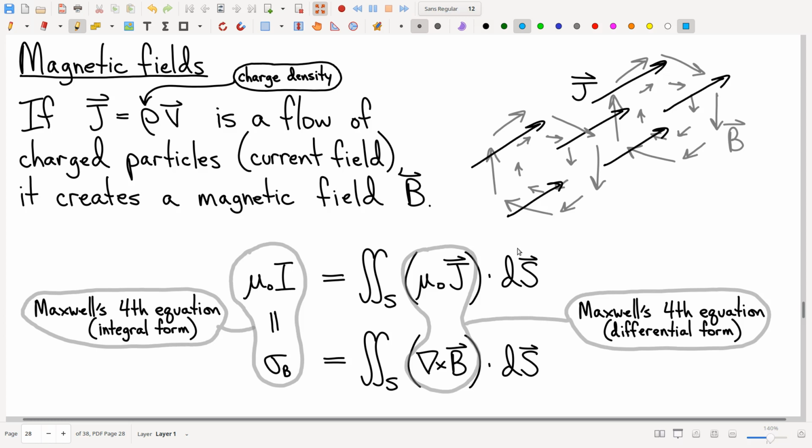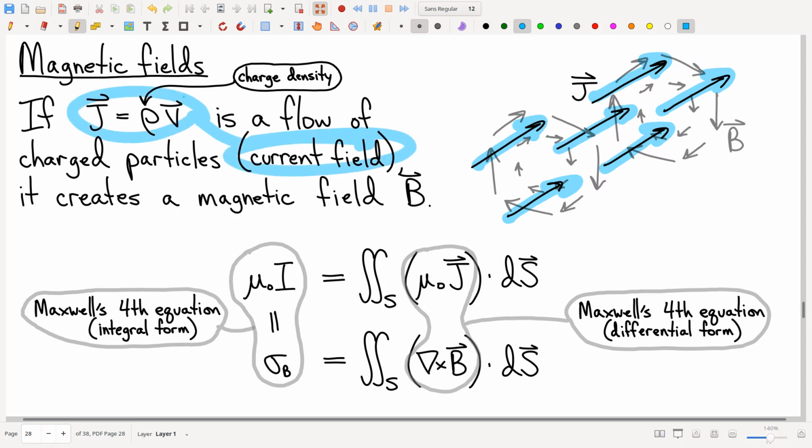Now in reality, not all charged particles are necessarily flowing through wires. You can have charged particles just flowing in space, just like the air in this room, right? There's a flow of the air in here. You can have an analogous flow of charged particles, and this is called a current field.